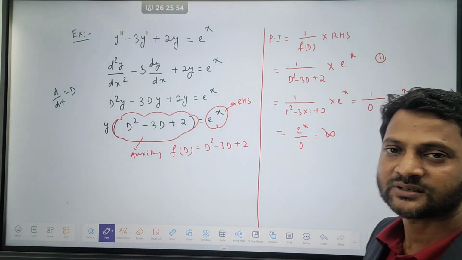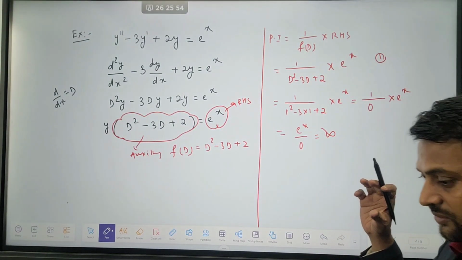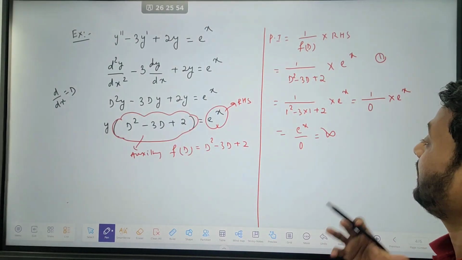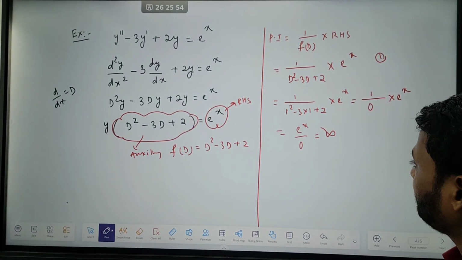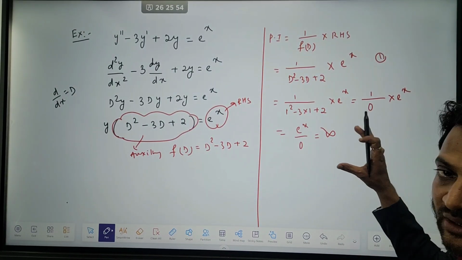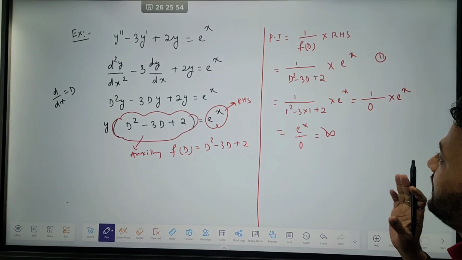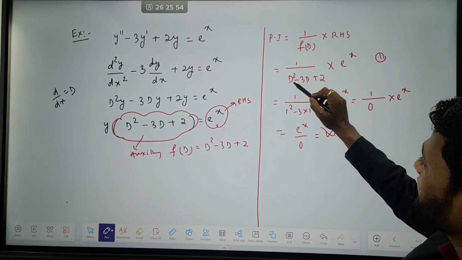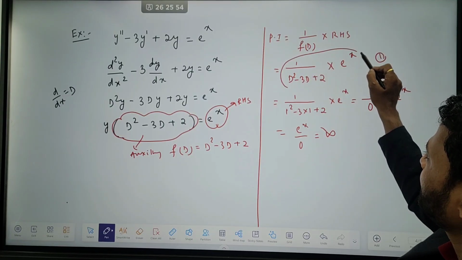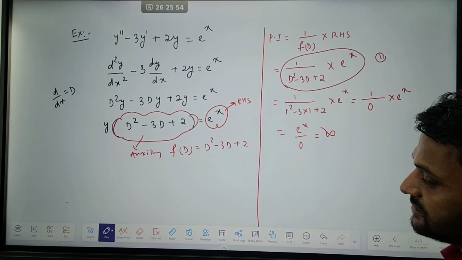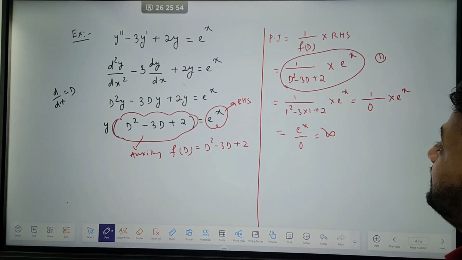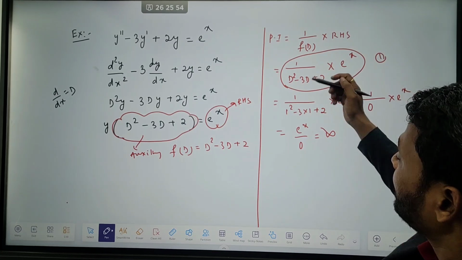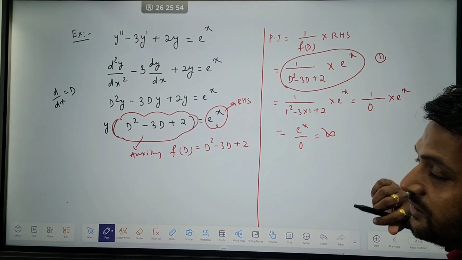But if it is coming infinity, then you have to take another condition. What is the second condition? If your answer is coming infinity, what you have to do is multiply x in this equation. In the numerator you multiply x and you take the differentiation of the denominator part.